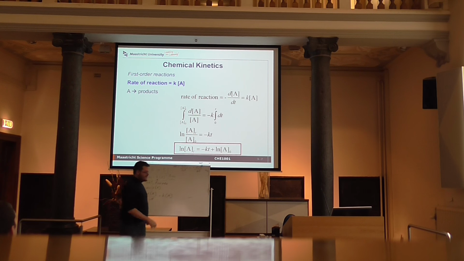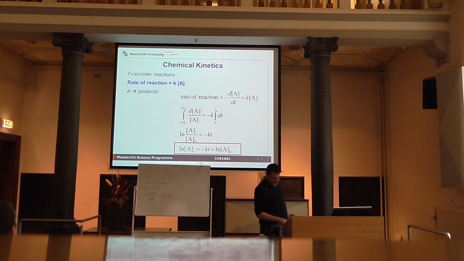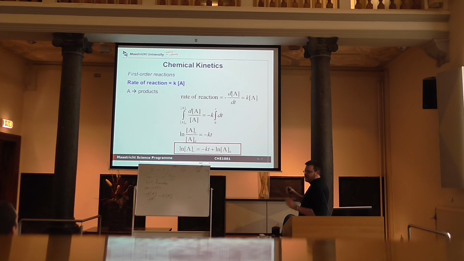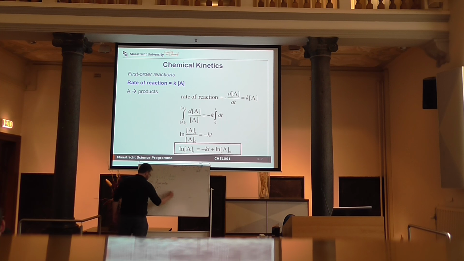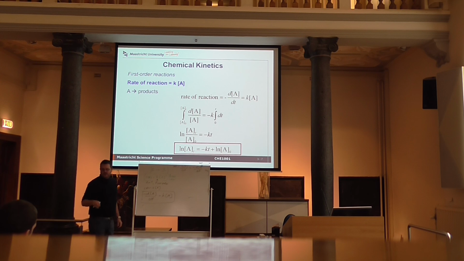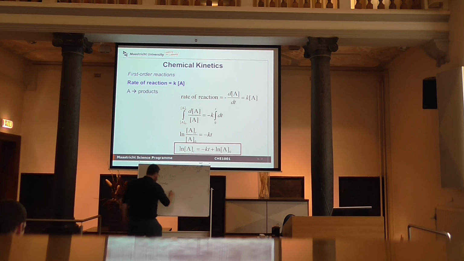Now I'm confronted with the same situation, and what I can now do is manipulate that to get an integrated rate law for a first order reaction. Let's do that together. I have this as a starting point. So what I'm basically doing now is deriving an integrated rate law for this transformation.